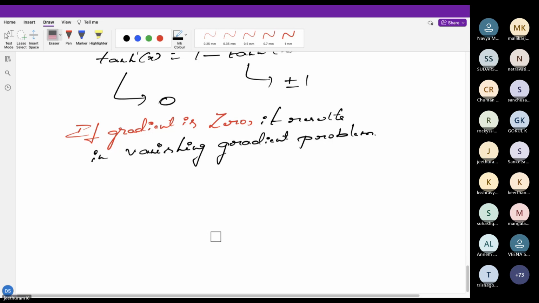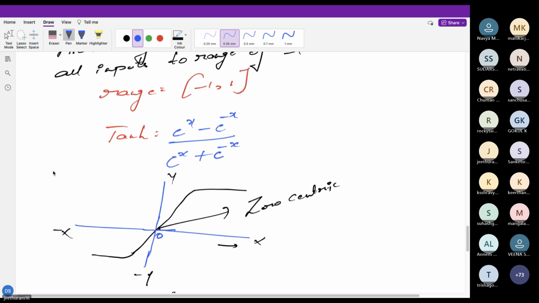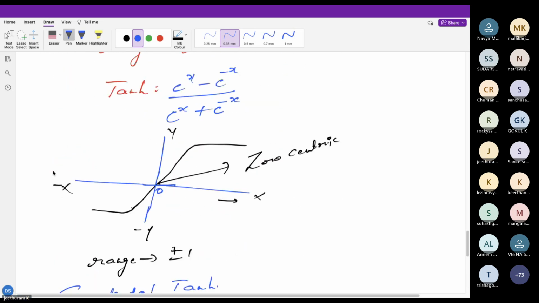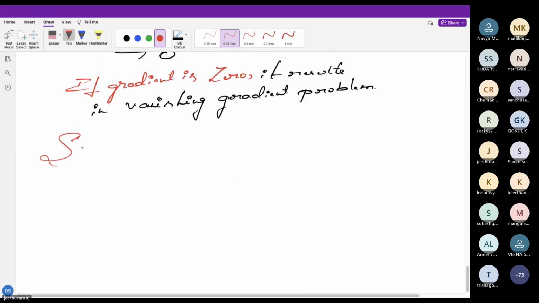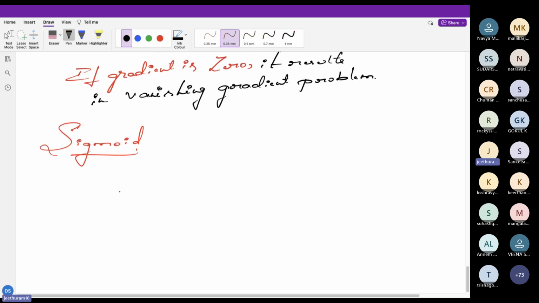Okay, so next activation function, we have two more. Tanh is done. Next one is sigmoid. A sigmoid function you already know.